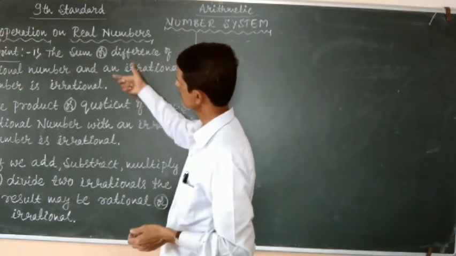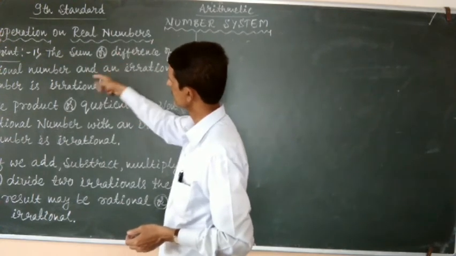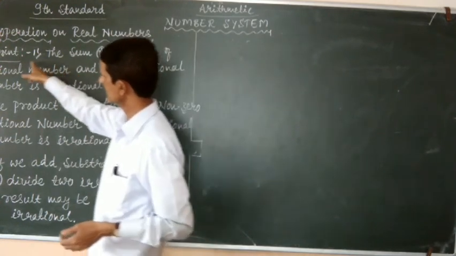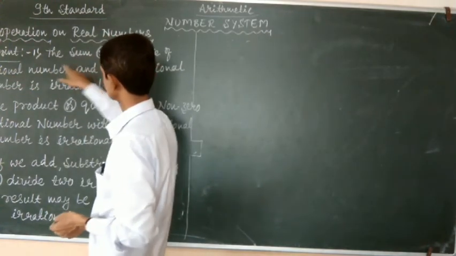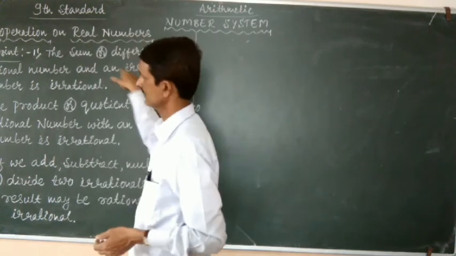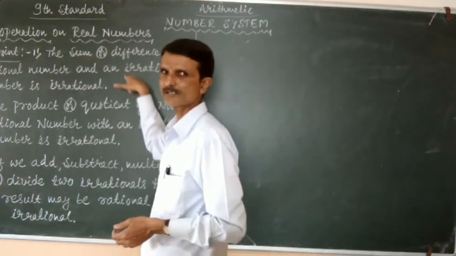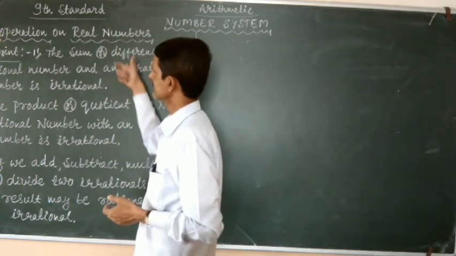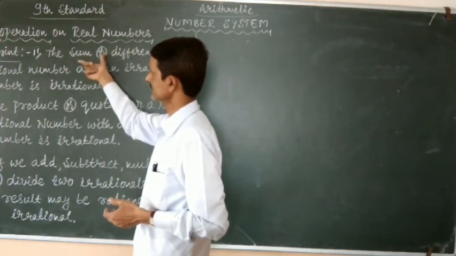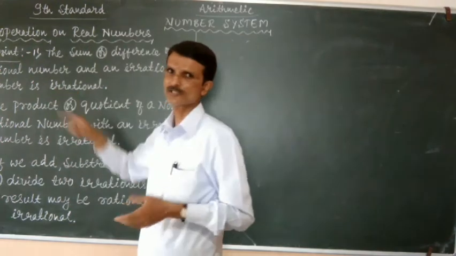Here you have to remember the sum and difference of a rational and an irrational number: if we add or subtract, we will get an irrational number.